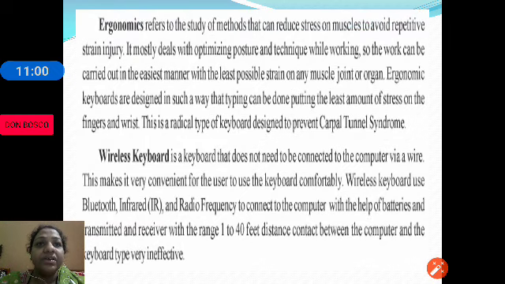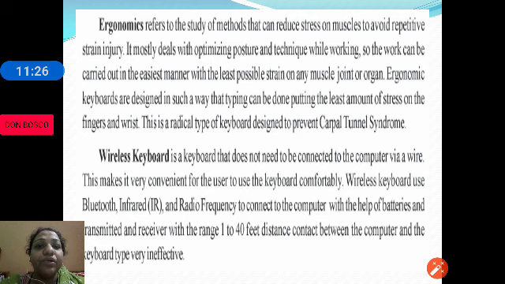Next comes the ergonomic keyboard. Sometimes the keys on the keyboard are very hard, and continuously working on that may cause some stress and some injuries. Ergonomics refers to the study of methods which reduce stress on muscles.